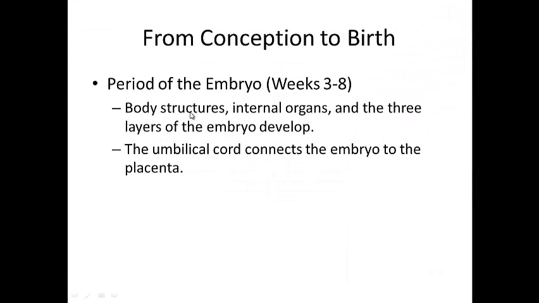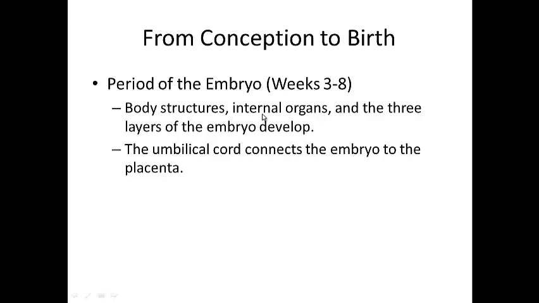the next period, the embryo, begins, from week 3 to week 8, and this is when the most rapidly changing processes occur. Cells begin to differentiate, and different body structures are formed.